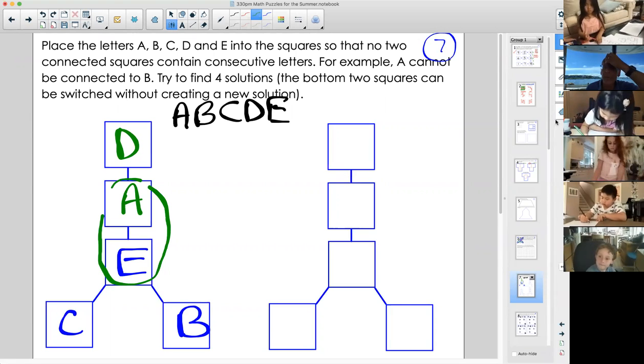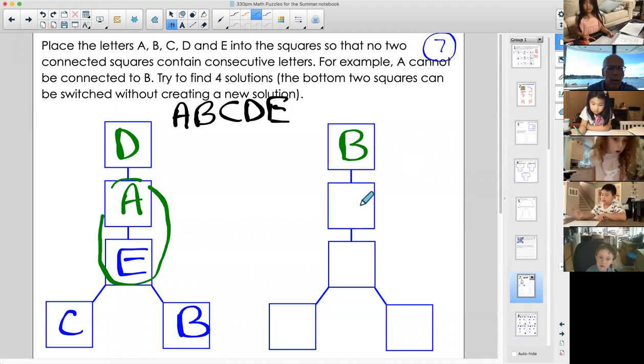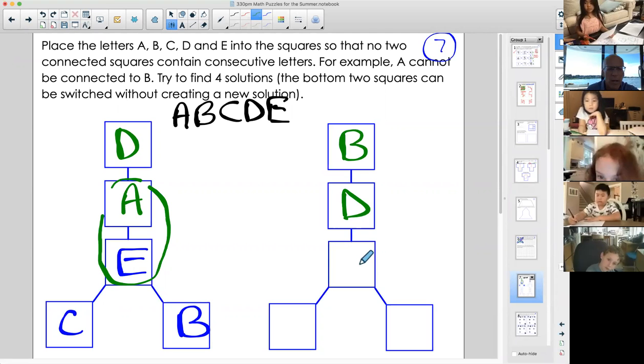Okay, Valerie, if you can take yourself off of mute, you can go. So you can put B at the top, and then D, and then you can put C, and then put A in the left. Wait a minute.